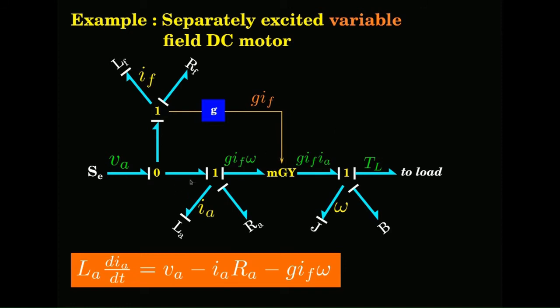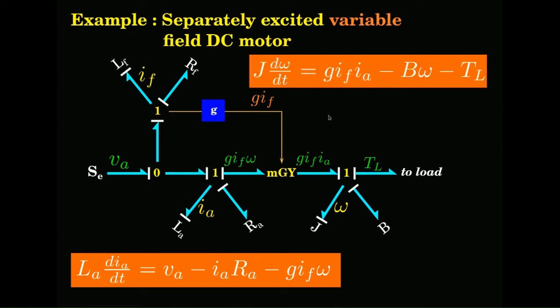Equation. Now, if I take the equation for this, this is a zero bond. So, all these bonds will share the same effort, right. All these bonds will share the same effort. So, this is VA, this is VA. So, VA minus GIF omega, IARA minus.